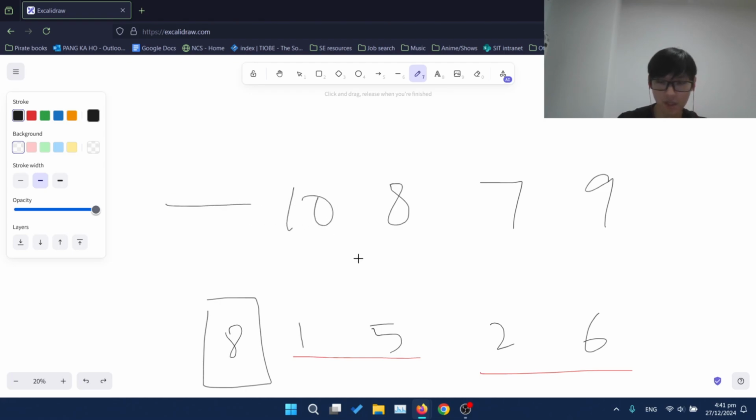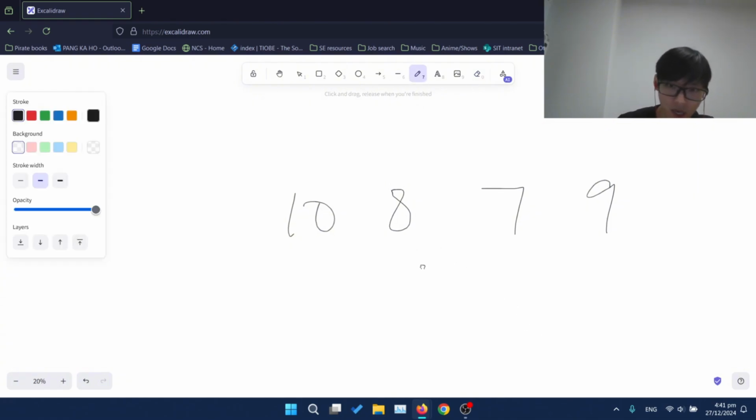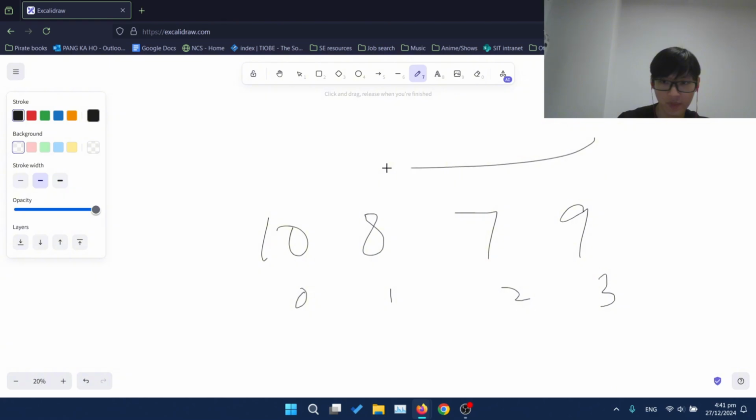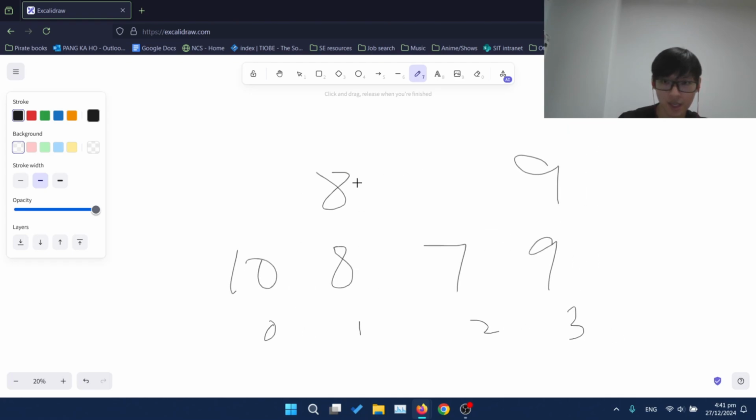Forget about all this, and the indices are 0, 1, 2, 3. If it's decreasing, then it's 9, 8, 8, or 7, 8. Then compare this with this.